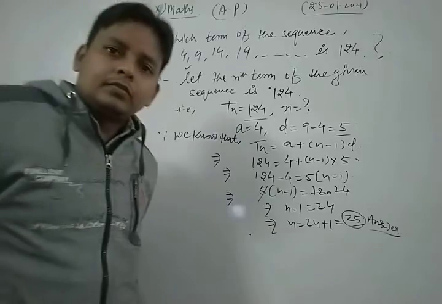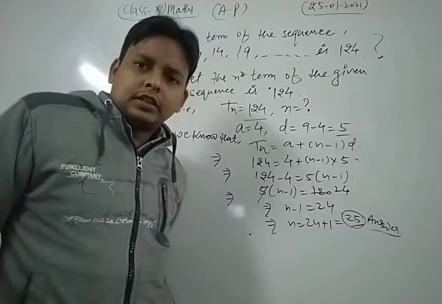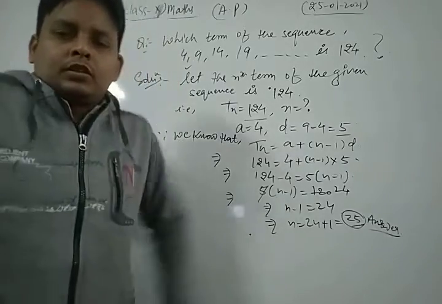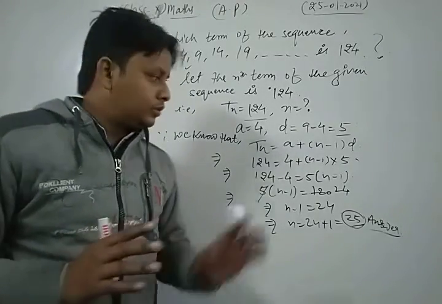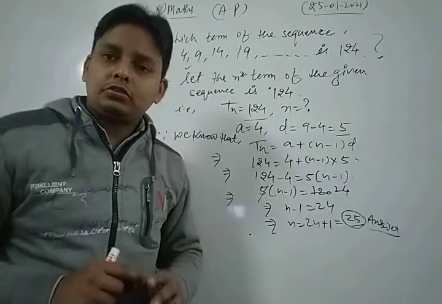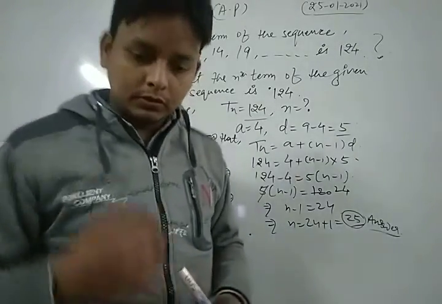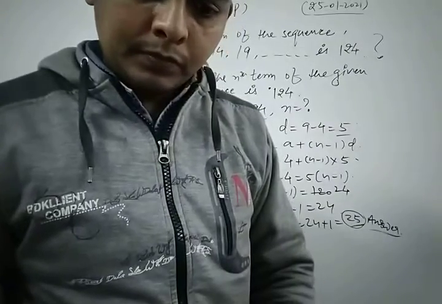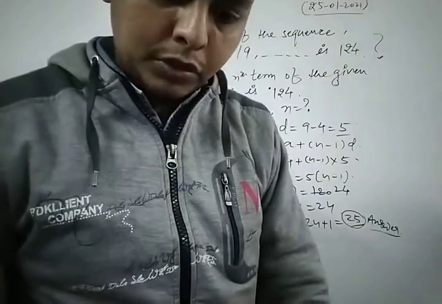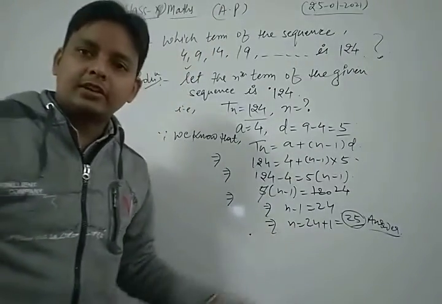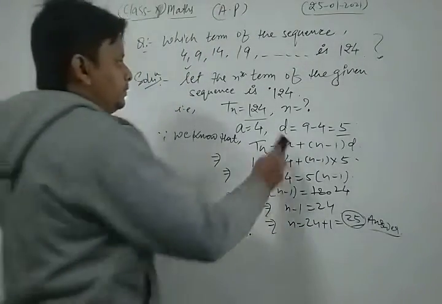In this way you can solve each and every question of your NCERT exercise based on this. Now dear students, we take and solve some other important questions of your NCERT exercise based on the nth term of an AP. Let's see.